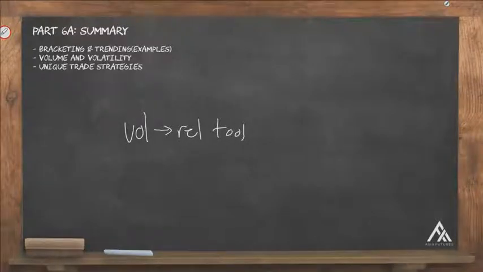High volume is very indicative of a lot of new business coming into the marketplace at various prices, whereas low volume is far more indicative of less new business and maybe a lot more passive trade. So it's a wonderful relative tool, and we went through a lot of key understandings of why we use volume in developing our various strategies, as well as obviously volatility.